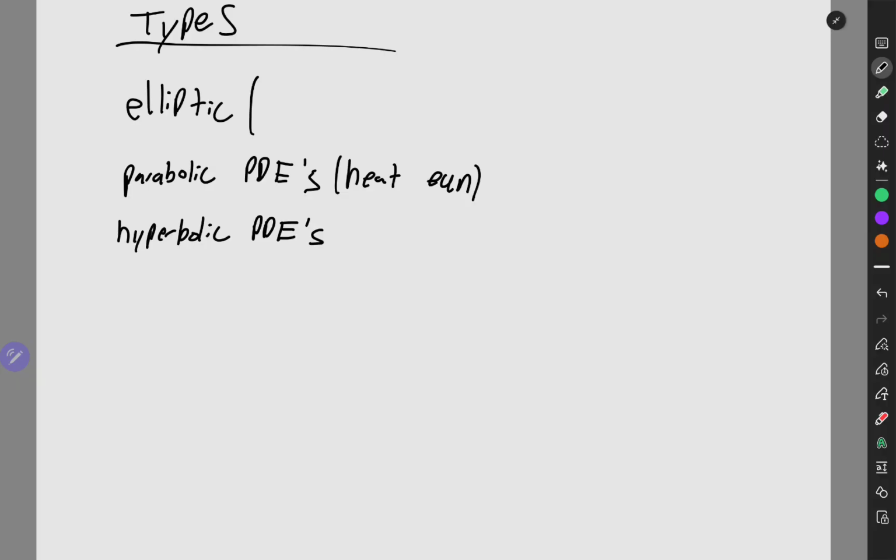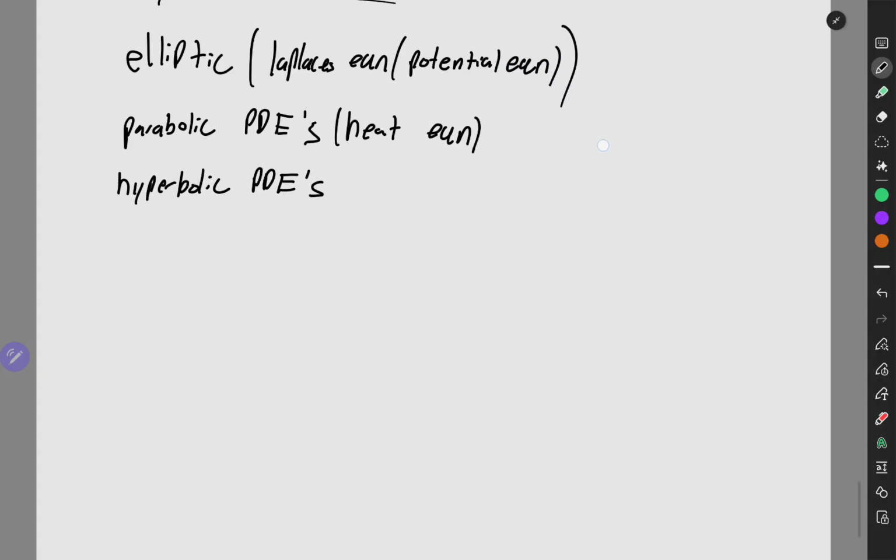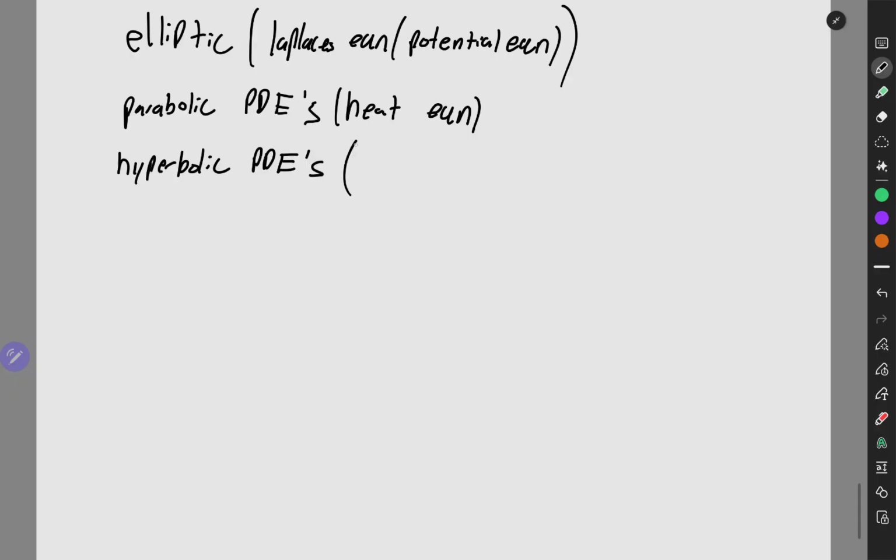Elliptic is the Laplace's equation. That's actually also called the potential equation. And then the hyperbolic PDEs would be the wave equation, for example. And these describe wave-like phenomena. Hyperbolic PDEs involve both space and time. And they have a propagating nature to them.